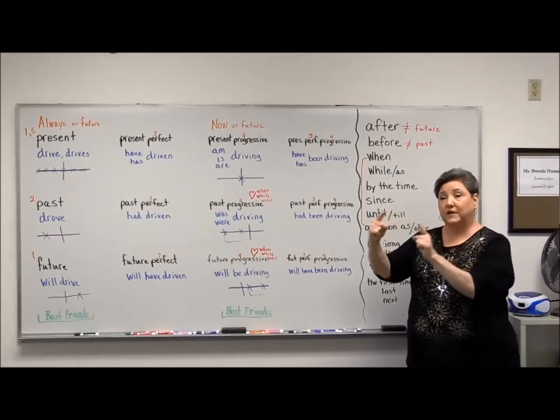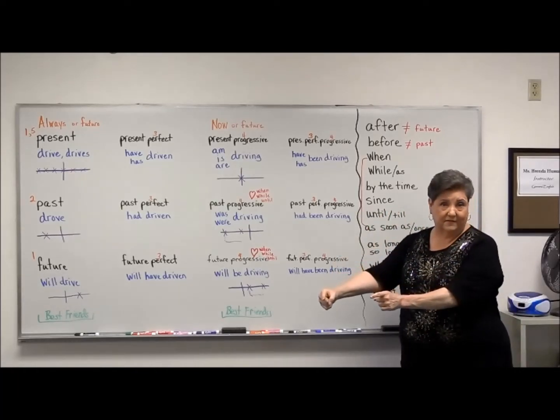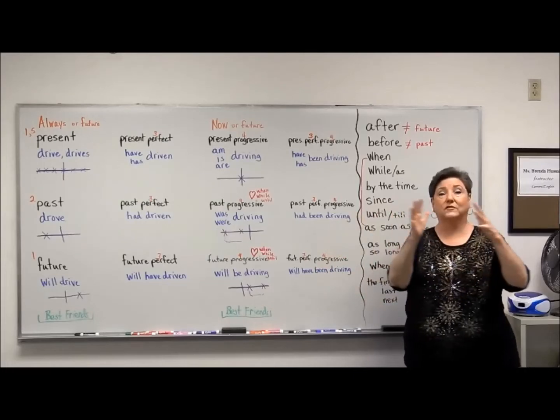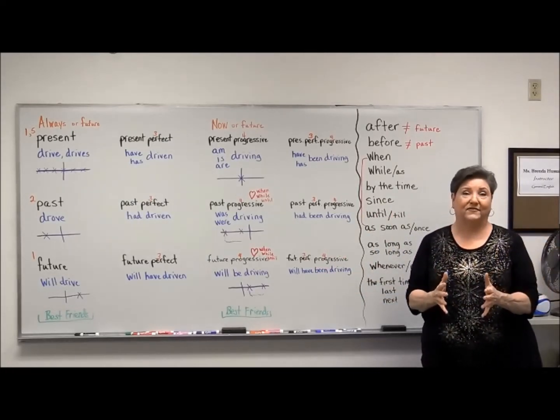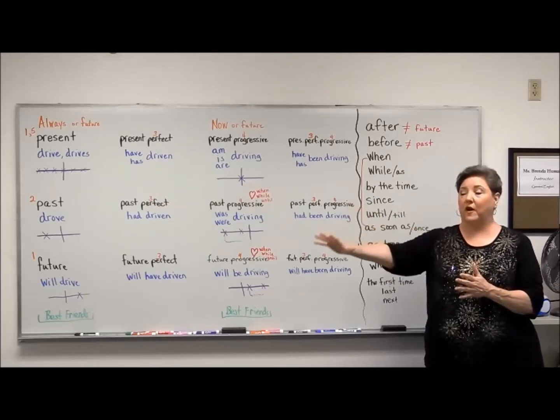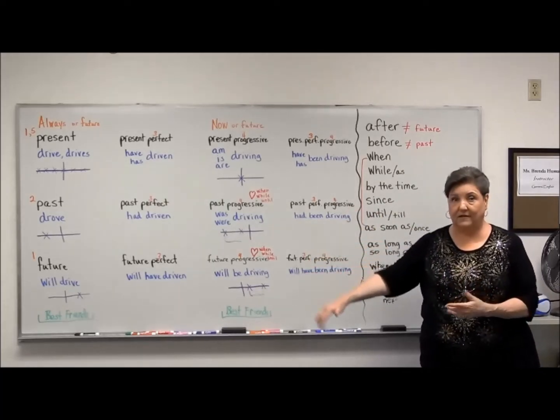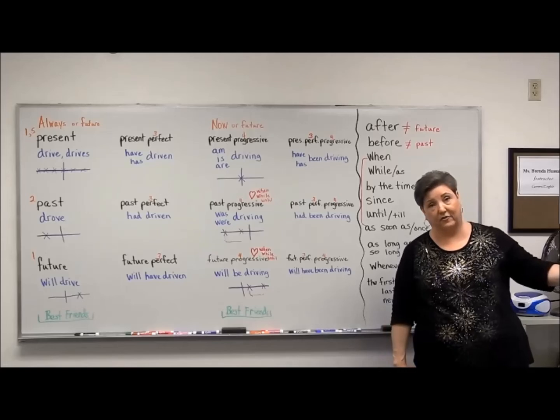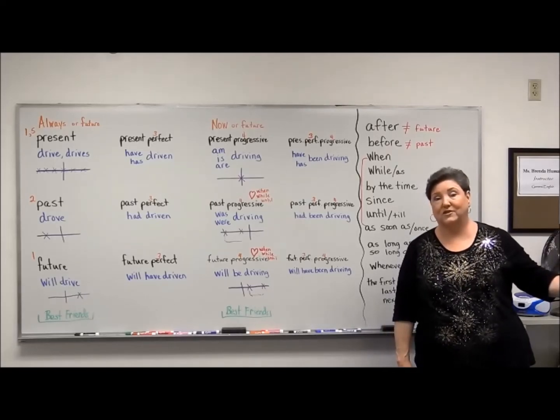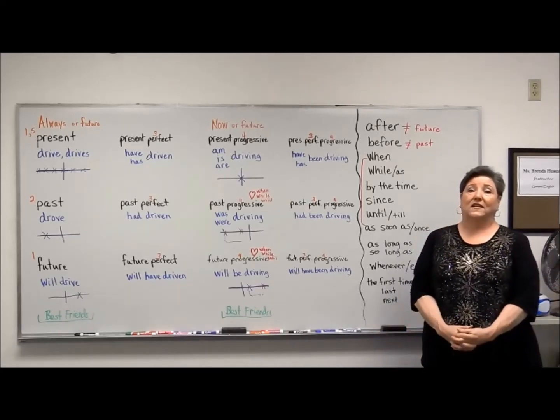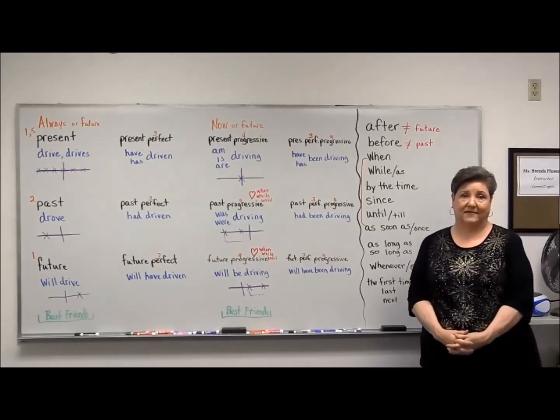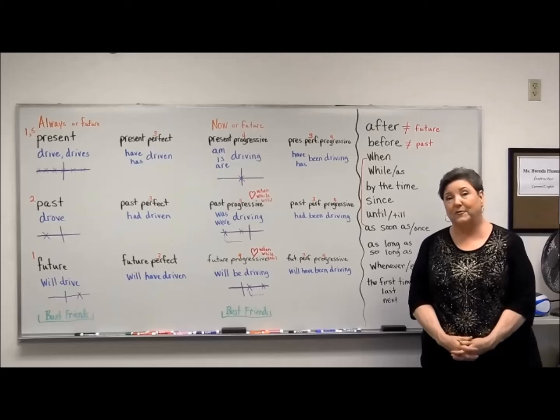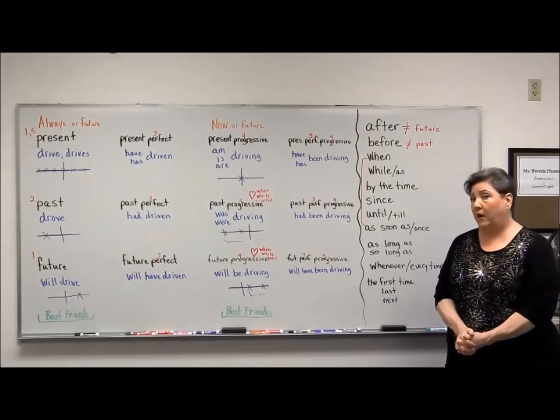But both of those actions can be in the past, or both of those actions can be in the future, or even right now. So we use before and after in the past, and we use before and after in the future. So in the English language, these words don't mean future and past. So you have to remember that when you're using them.